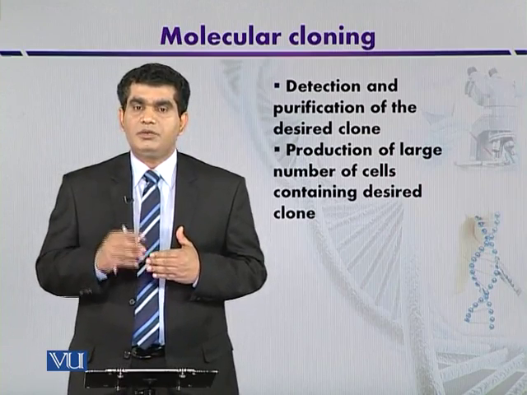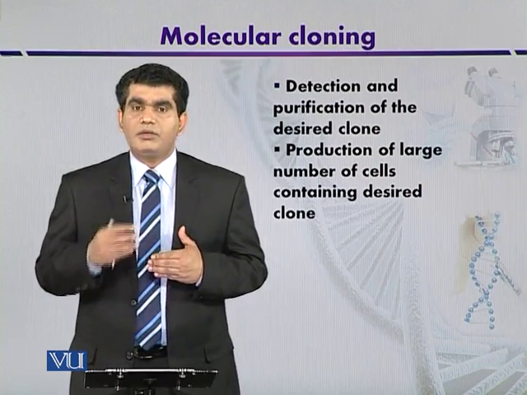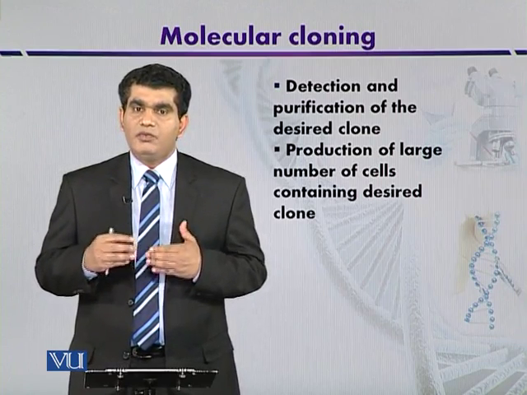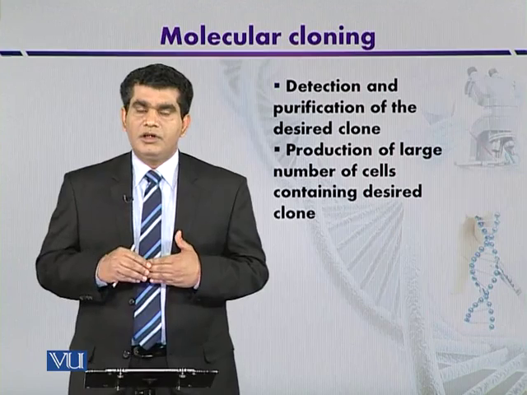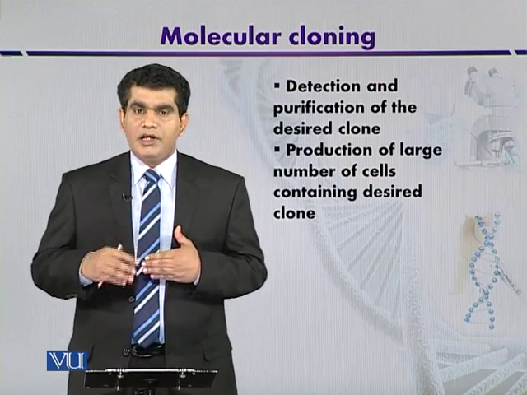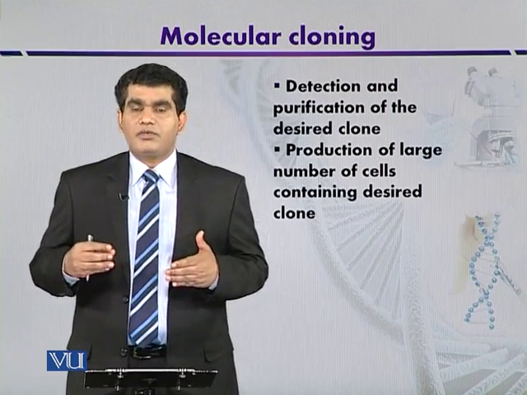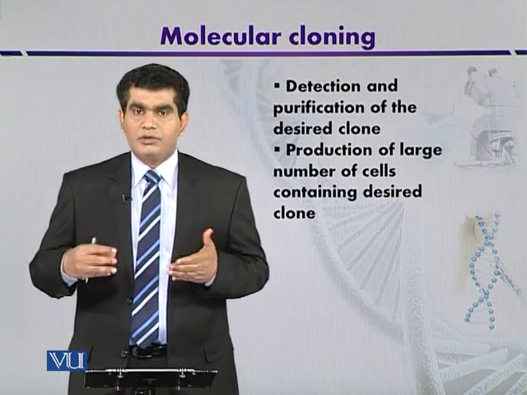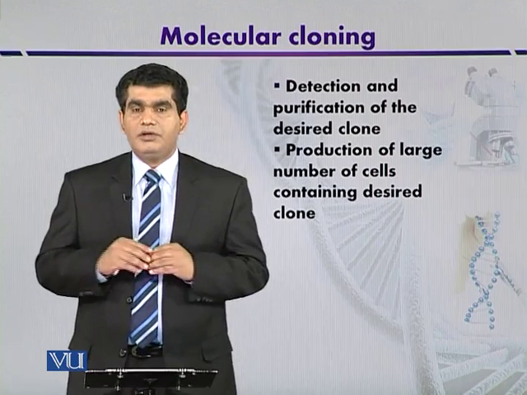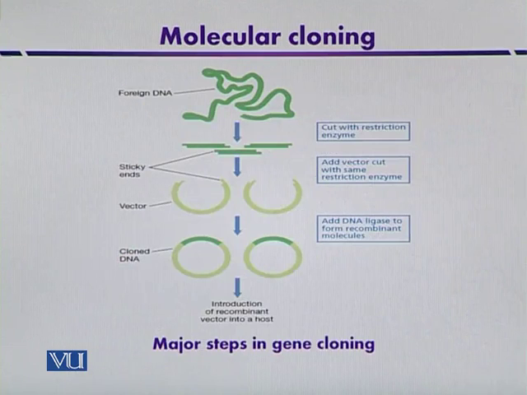We will select those transformants that contained our gene of interest. How we will select? We will discuss in the next diagram. And once we have selected, then we can produce a number of copies of that clone to get our desirable end product.